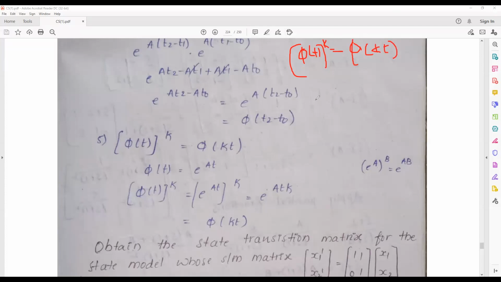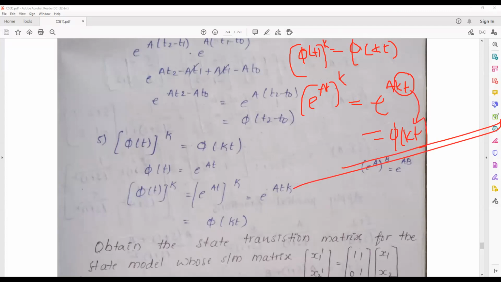Phi of t whole power k is e power At whole power k, which is e power A into kt. Here t is replaced by kt, so phi of kt. The last property is also phi of kt. Is everyone clear on all the properties?